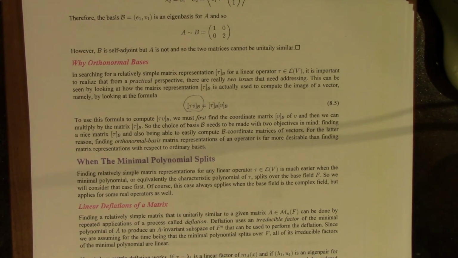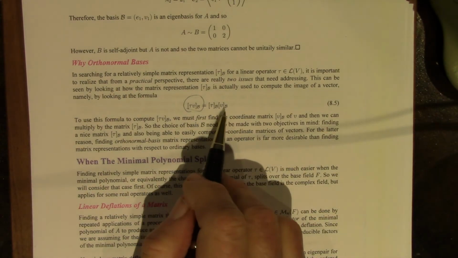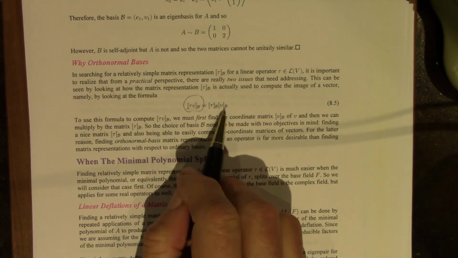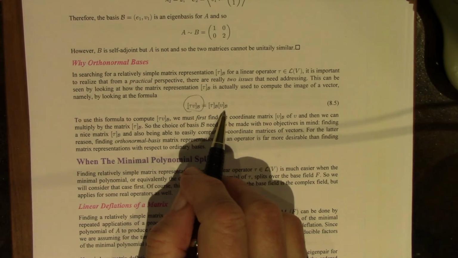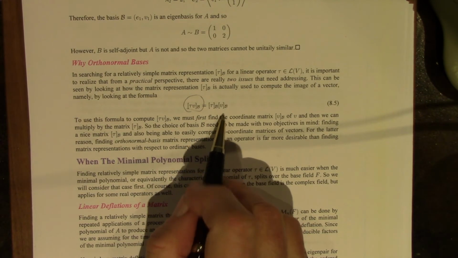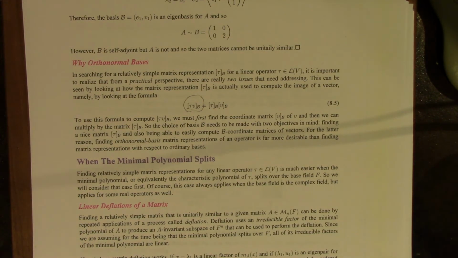That doesn't change. But we may want to cycle through many vectors to compute many images. And so the computing of coordinate vectors or coordinate matrices of vectors becomes more important from the practical standpoint. So this is why finding an orthonormal basis matrix representation is more desirable.